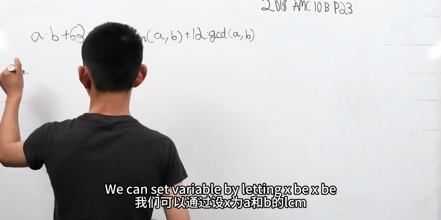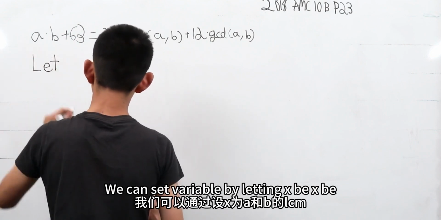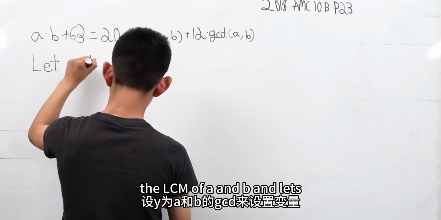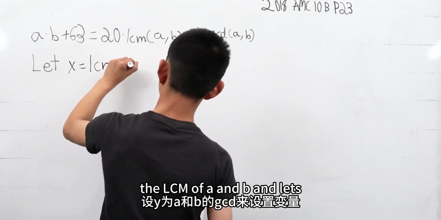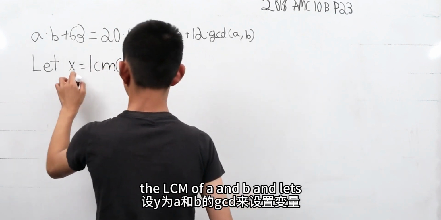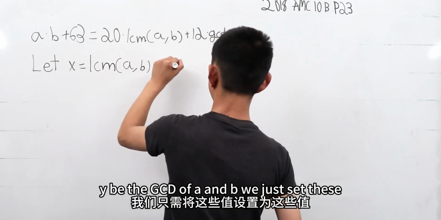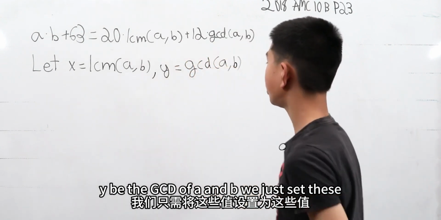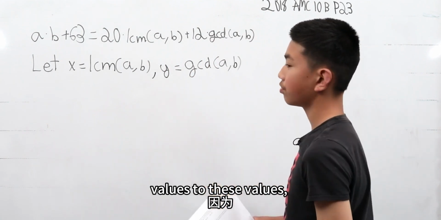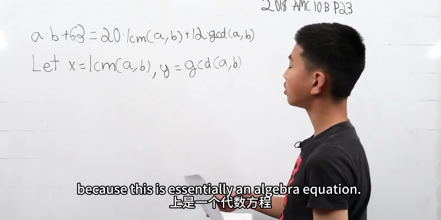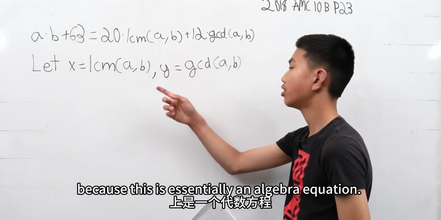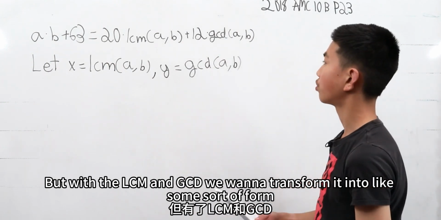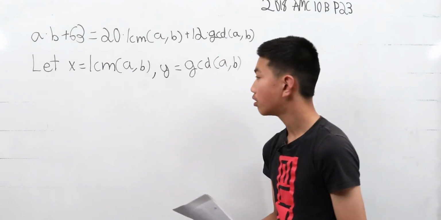So we can set variables by letting x be the LCM of A and B, and let y be the GCD of A and B. And we set these values because this is essentially an algebra equation, but with the LCM and GCD, so we want to transform it into some sort of form that's easier to compute.